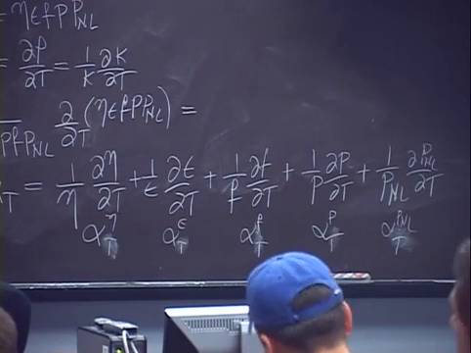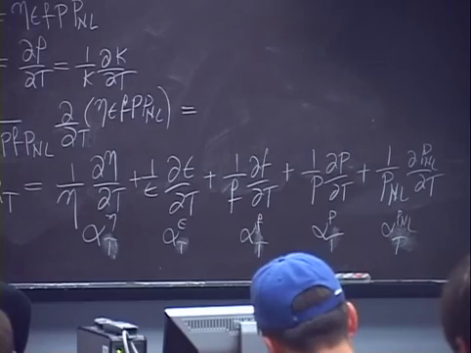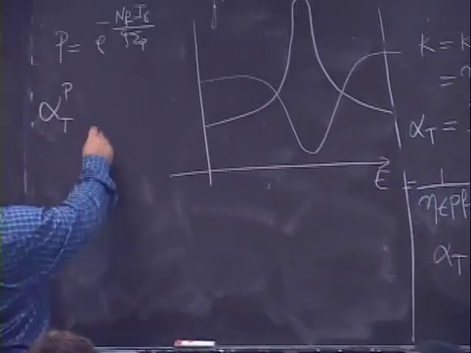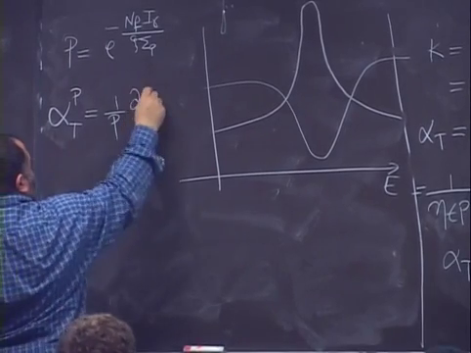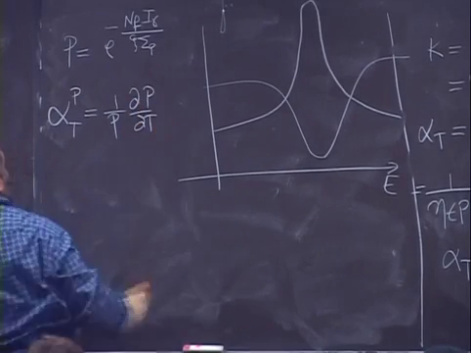So alpha_T^P is equal to what? 1 over P dP by dT.